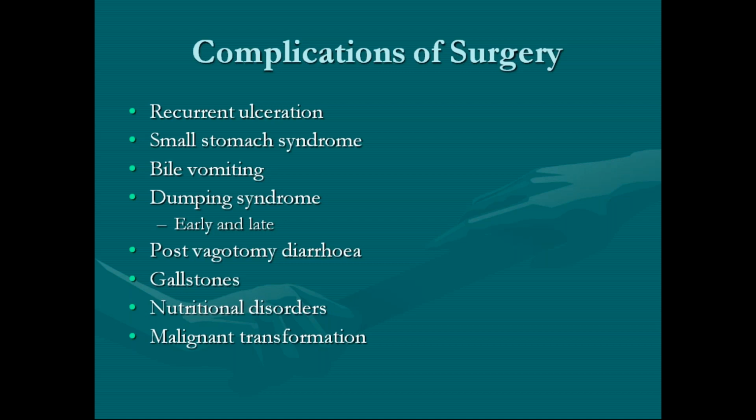The distal part of the duodenal stump is brought down and anastomosed at a later stage in the jejunum. The advantage is that the bile content comes in at a later stage, so you are avoiding the bile reflux.